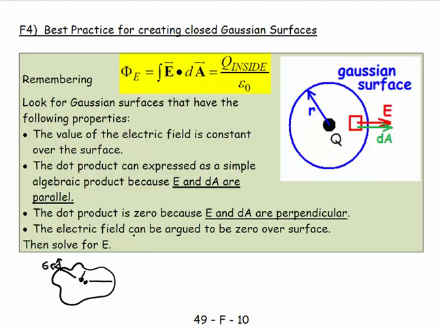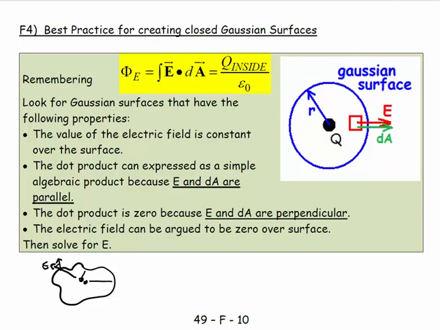So clearly, the more I can simplify the relationships, the better. Some Gaussian surfaces make life easy, and some make life hard. There are some patterns for designing a Gaussian surface to make life easy, and if we learn those, life gets easier for us.